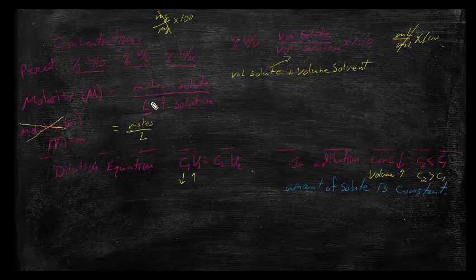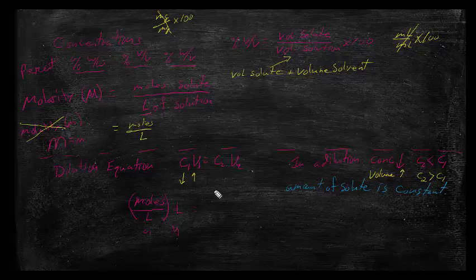Okay, so I'm going to just pick molarity here and show you what's going on. So we have C1 V1. If it's molarity, then the concentration is moles per liter. You don't have to do it this way, but it works out easier if you do. If we multiply this C1 by volume, say volume in liters, that would be V1.